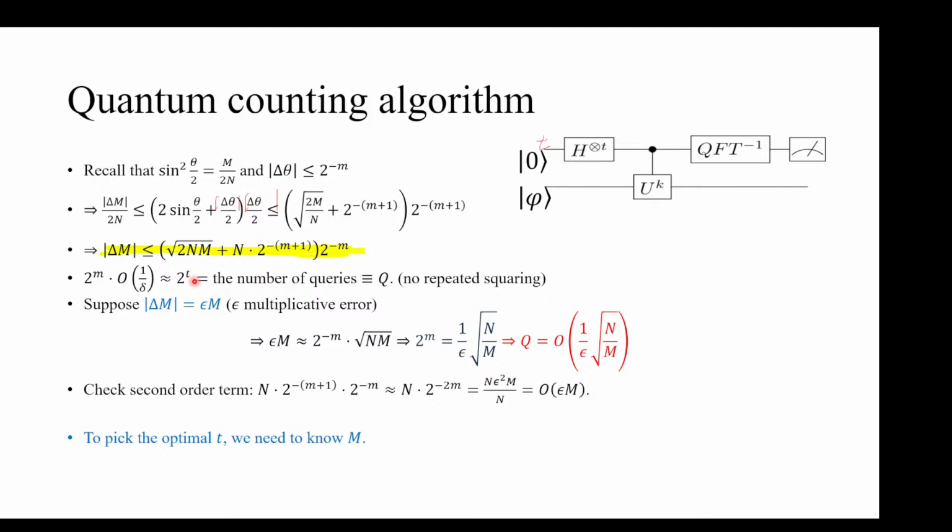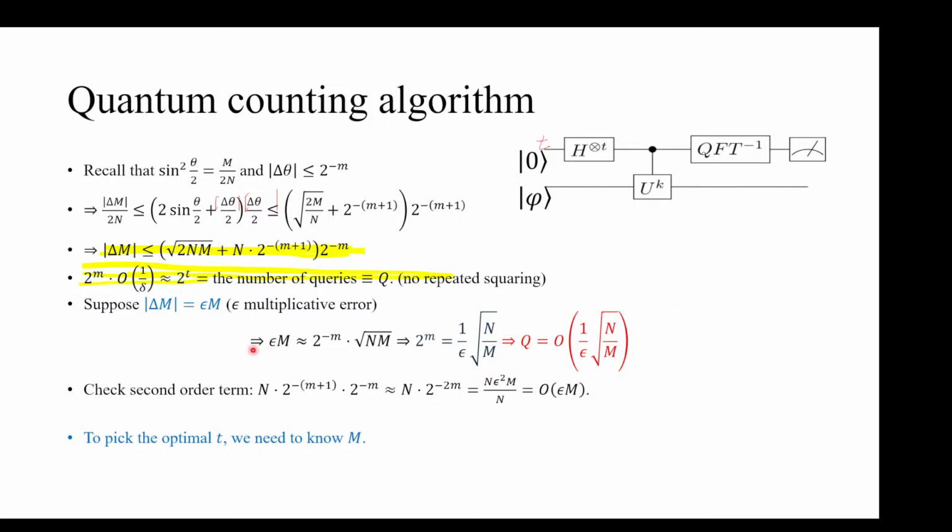Now we have those two things, and we can start tuning the number of queries to see what kind of error we get. The first is the precision we want, as at the start of class.